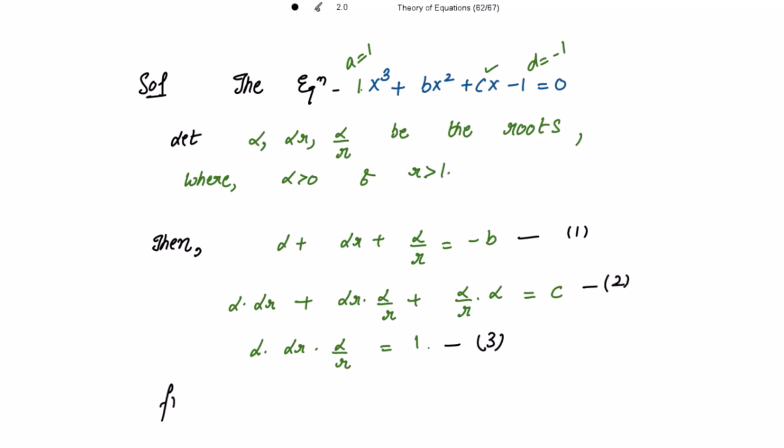So from 3, what are we getting? We are getting that r will go, so alpha cube is equal to 1, or alpha is equal to 1, right? So from 1, if I put alpha equal to 1 over here, we get 1 plus r plus 1 over r is equal to negative b.